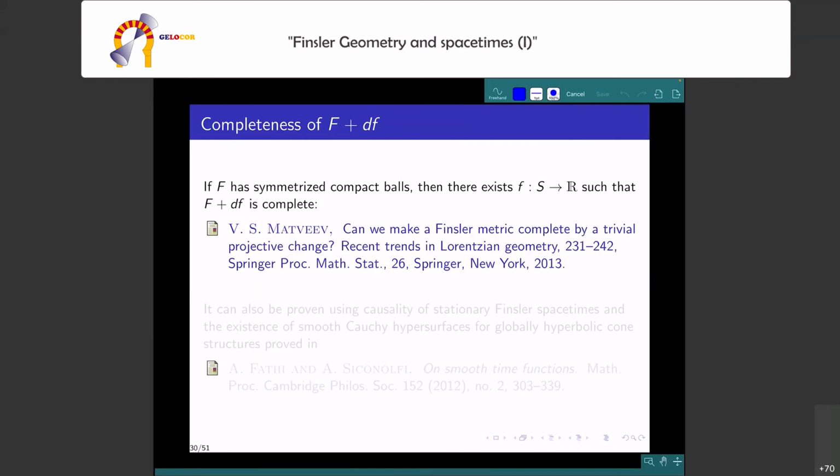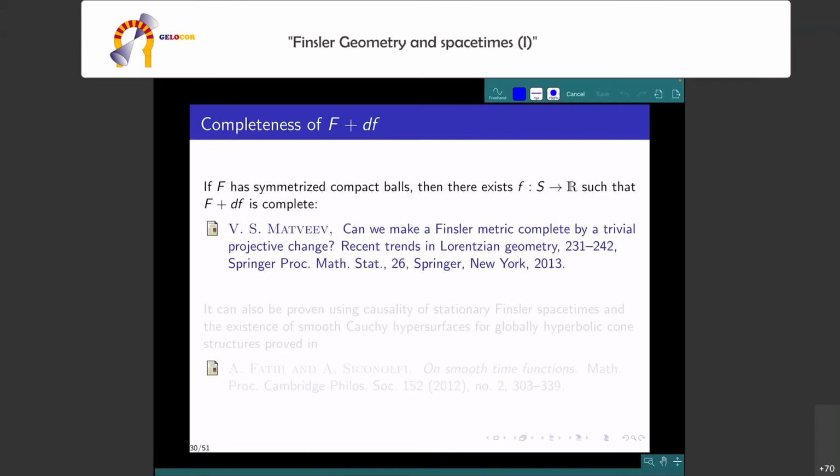So, how can you prove this in general for a Finsler metric? Precisely in this series of conferences in 2011, we discussed this with Vladimir Matveev, and he obtained a direct proof of this for an arbitrary Finsler metric, using approximations of Lipschitz functions by smooth functions.